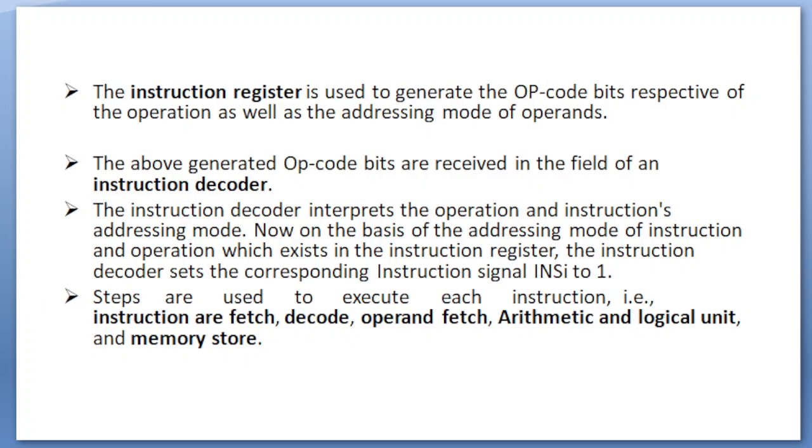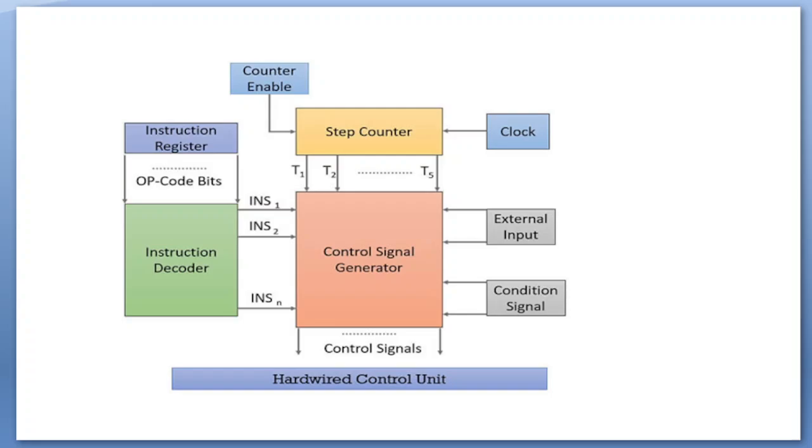Look at the picture here. The instruction register generates opcode bits. Then that opcode bit is received by the instruction decoder. The instruction decoder interprets what kind of bits are given, and as per that each instruction is executed.